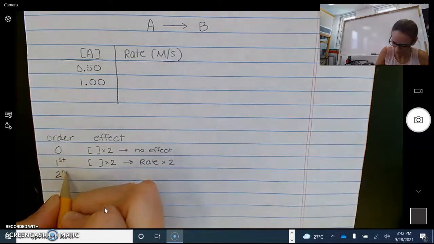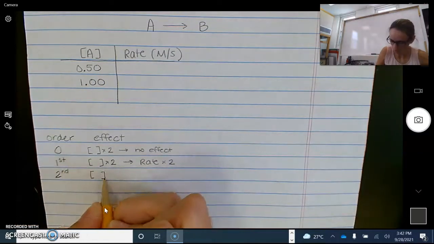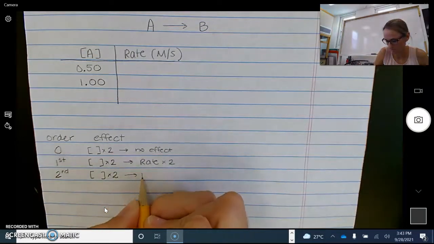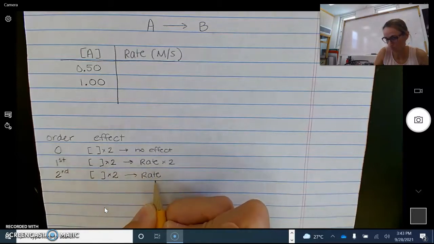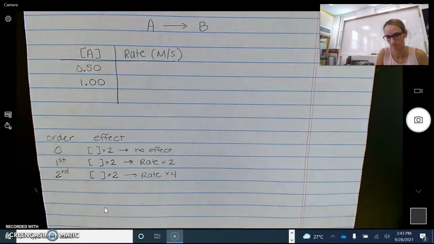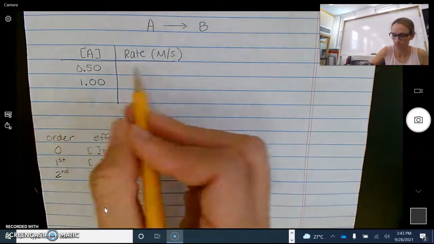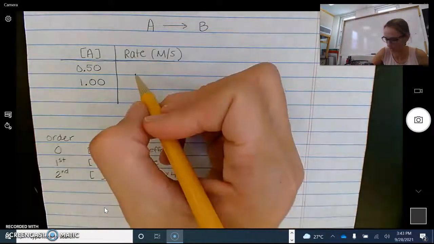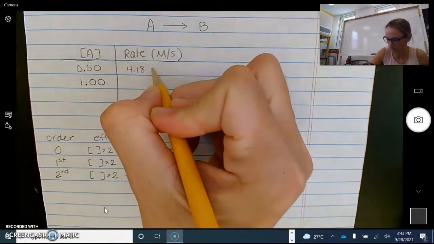If you have second order, then whatever you do to the concentration happens twice to the rate. It's double the effect. That's why it's called second order. So the rate would be times 2 twice, or times 4.